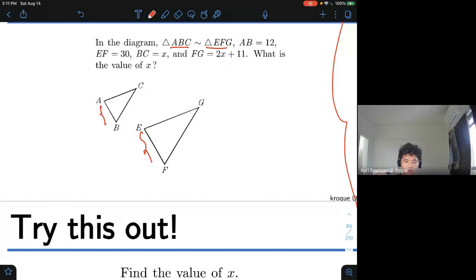EB is to EF is 12 is to 30. EB is to EF is 2 is to 5, which is our proportionality constant. BC equals X, FG equals 2X plus 11. So, X over 2X plus 11. Solve.